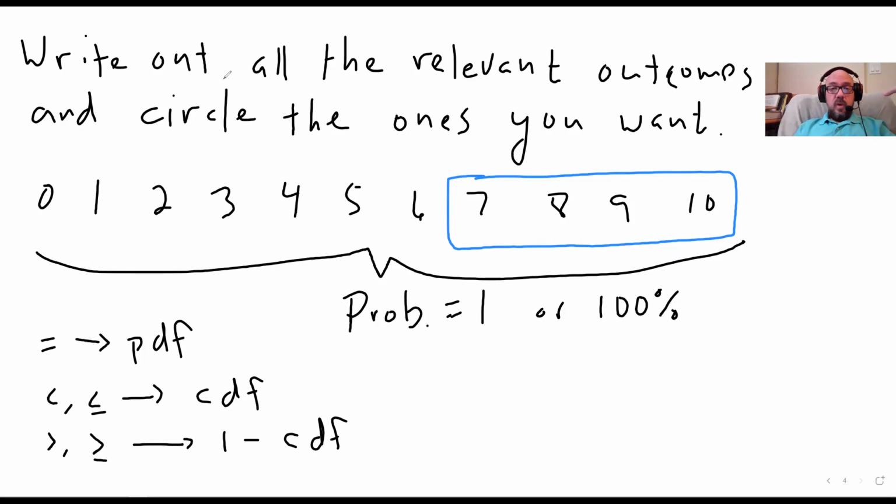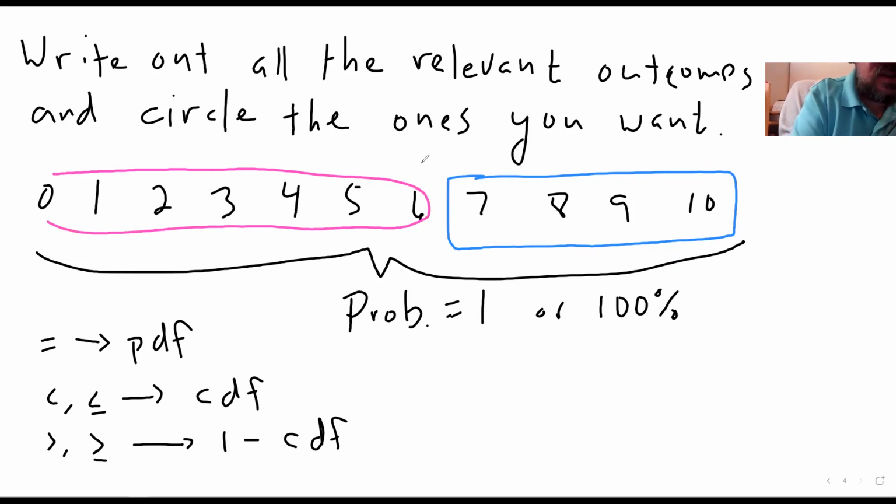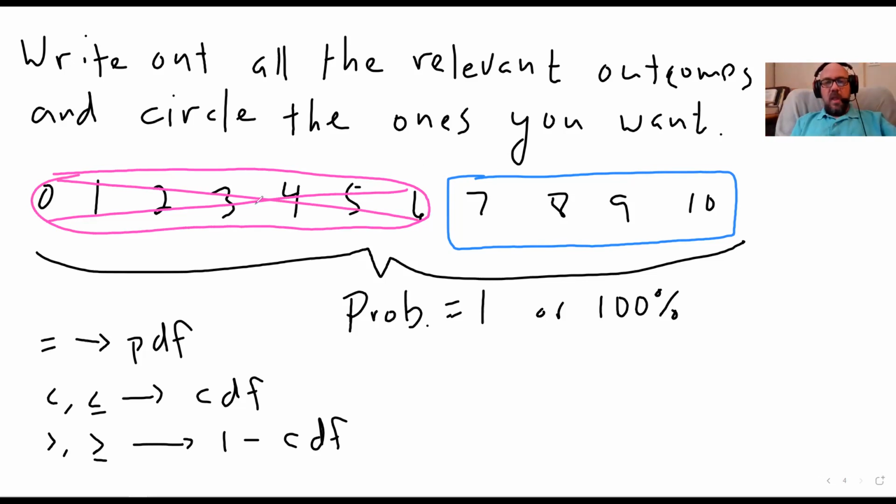So what I can do is pick out the ones that I don't want and cut them out. Right? So I can say, well, okay, I don't want these outcomes. And that will give me only this stuff left. So here's the trick. I want to do 1, which is the total probability, minus the stuff that I don't want.